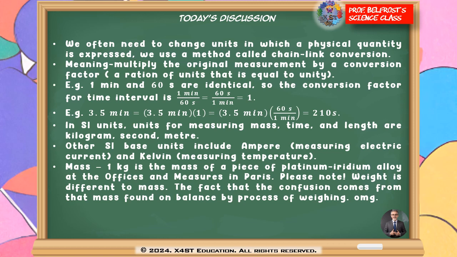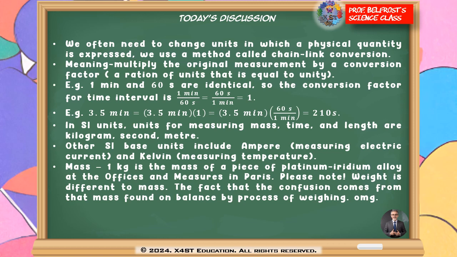Most of the time, you need to do this chain link conversion more than once. For example, if you are about to change from kilometer per hour to mile per minute, you need to change kilometer to mile and also hour to minute. You need to change it twice, so you multiply by different conversion factors. Sometimes maybe the same conversion factor.